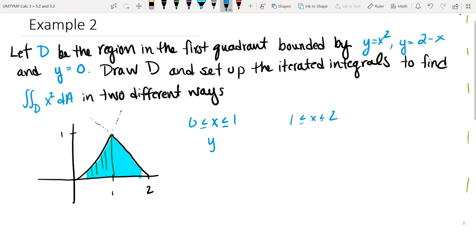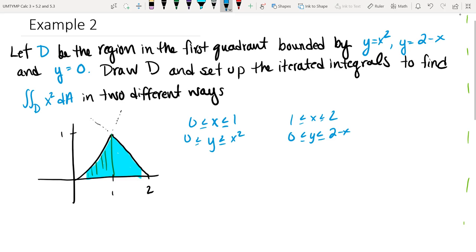In the first piece, y is bounded between 0 and x squared, and in the second piece, y is bounded between 0 and 2 minus x.